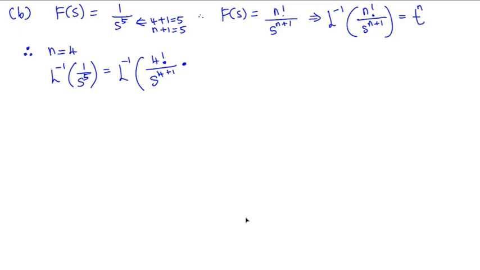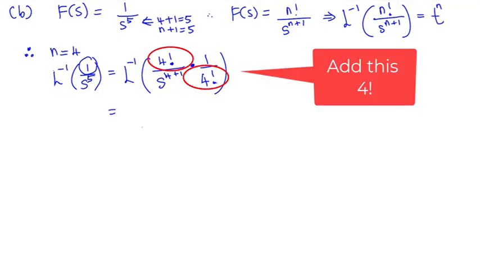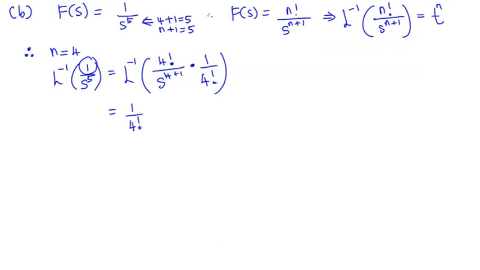The original one is 1 here, so 1 over 4 factorial. So we factor out 1 over 4 factorial, times Laplace inverse of 4 factorial over S power of 4 plus 1.